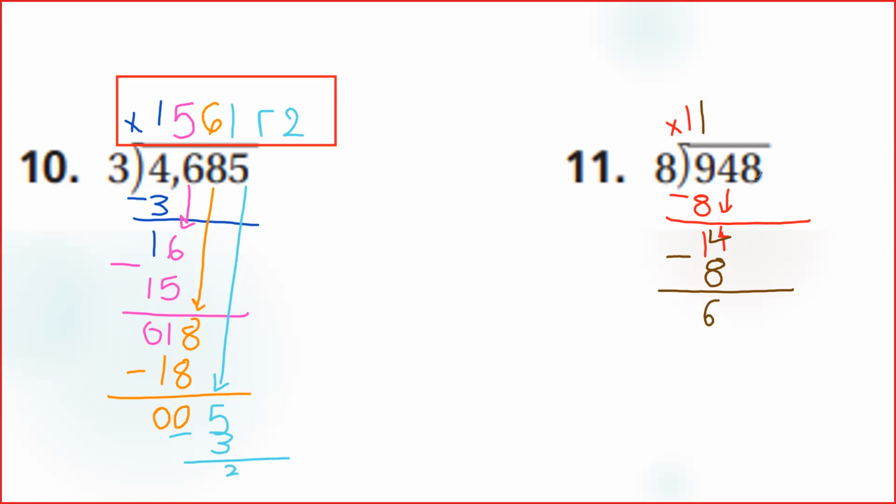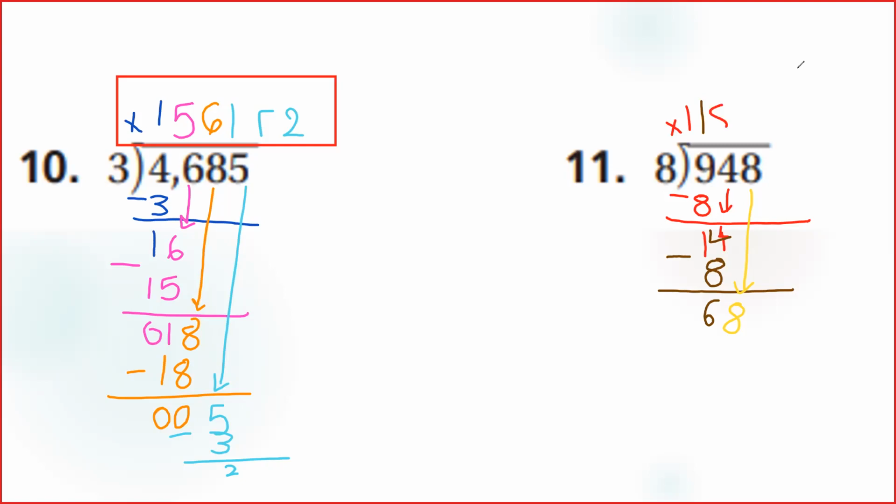Bravo. Bring down the 8. 68 divided by 8. 8 times 5 is 40. 8 times 6 is 48. 8 times 7 is 56. 8 times 8 is 64.